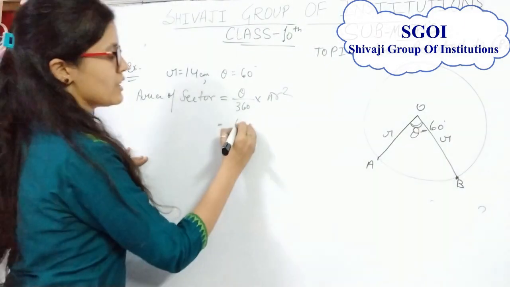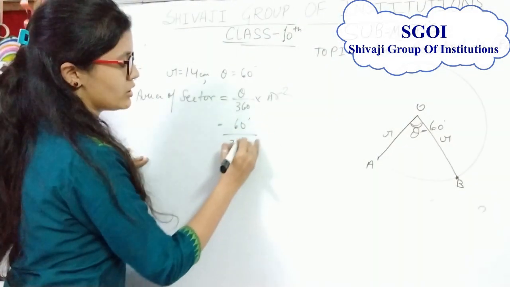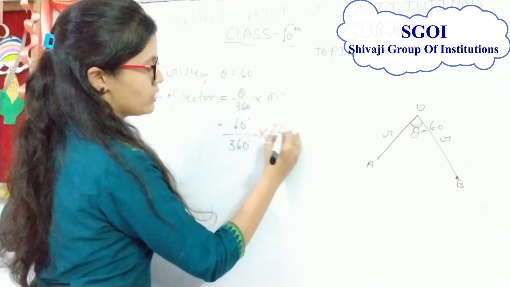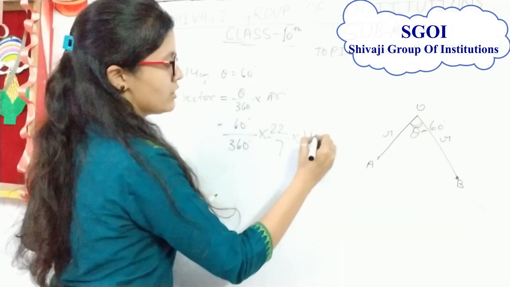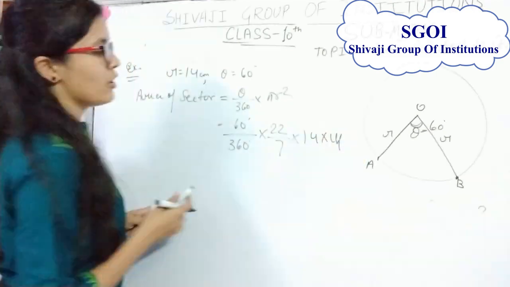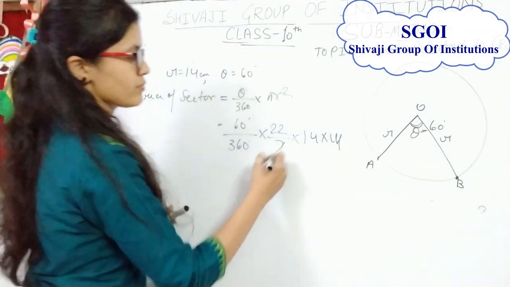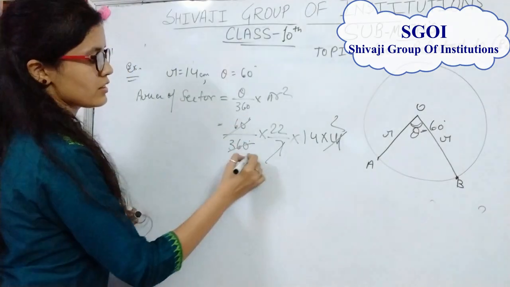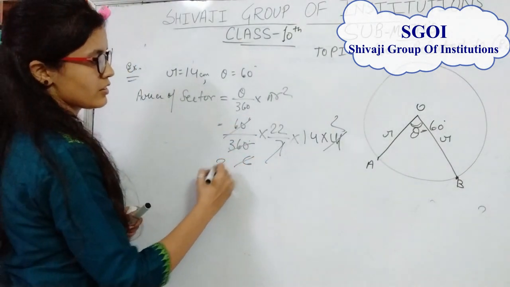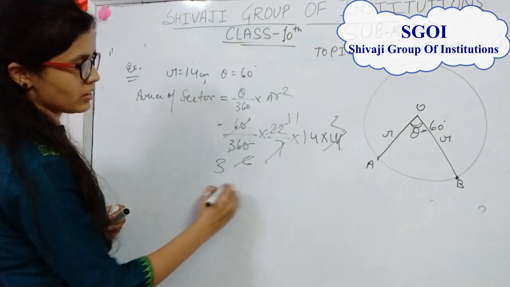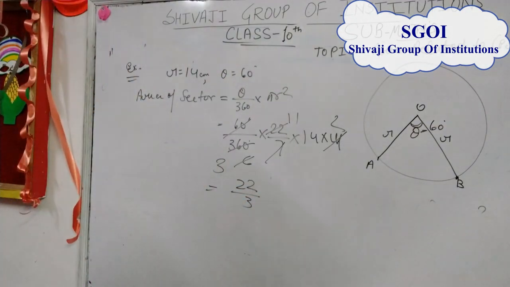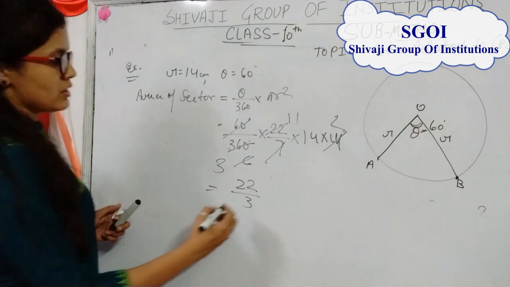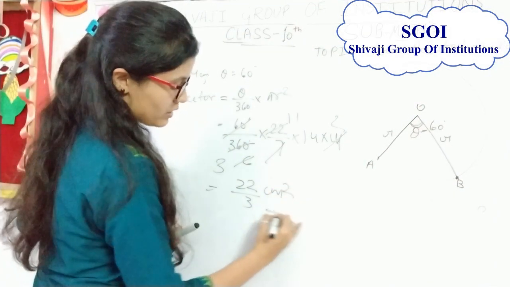Theta is 60 and 360, pi is 22 by 7, r is 14 into 14. Then it becomes 22 by 3 centimeter square.